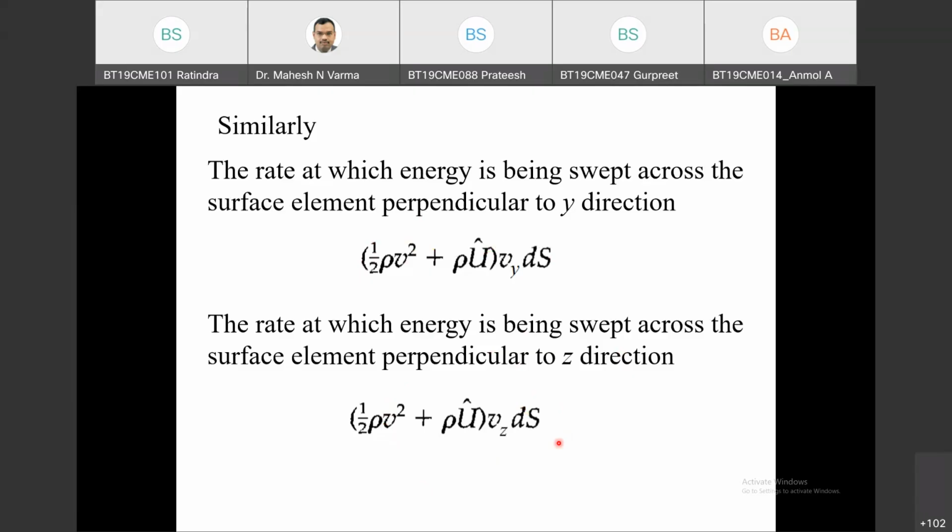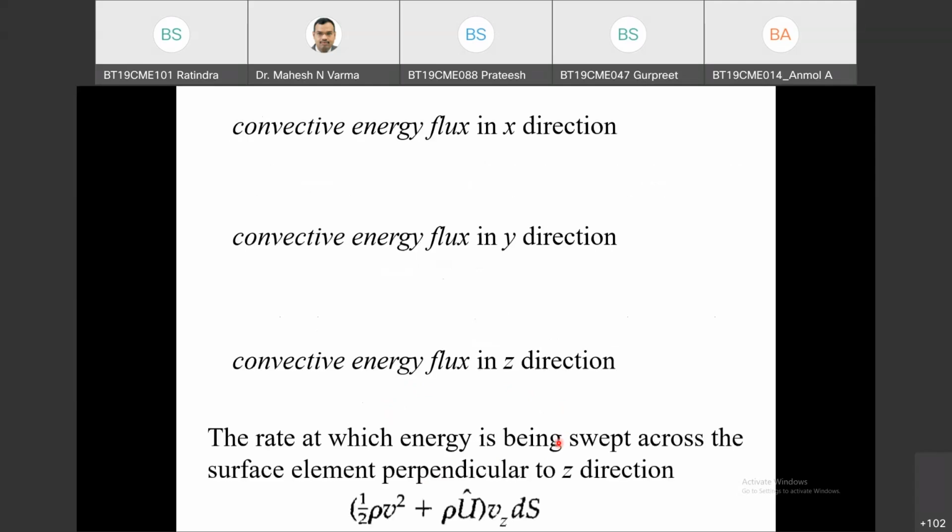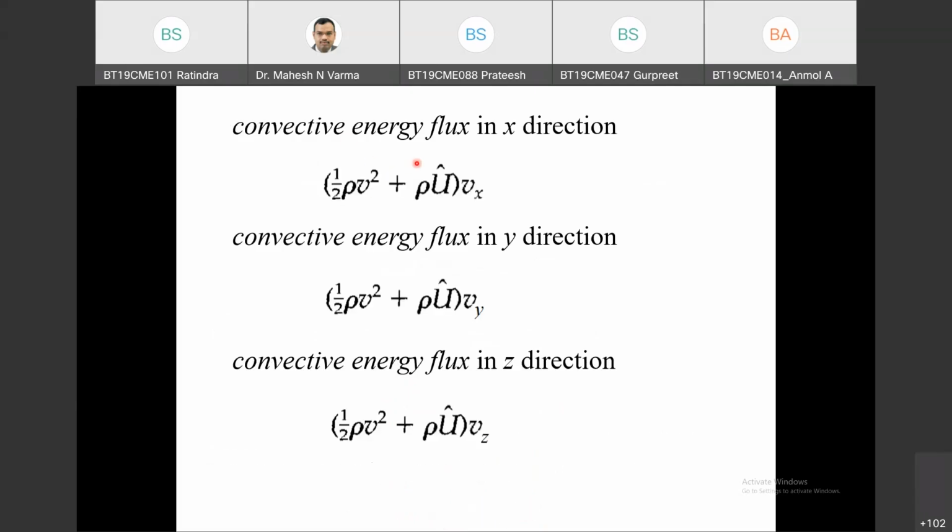So how do we get a flux from a rate? Divide by area. This will be energy per unit volume multiplied by velocity. It will be the convective energy flux in the x direction, this will be the convective energy flux in the y direction, and this will be the convective energy flux in the z direction.